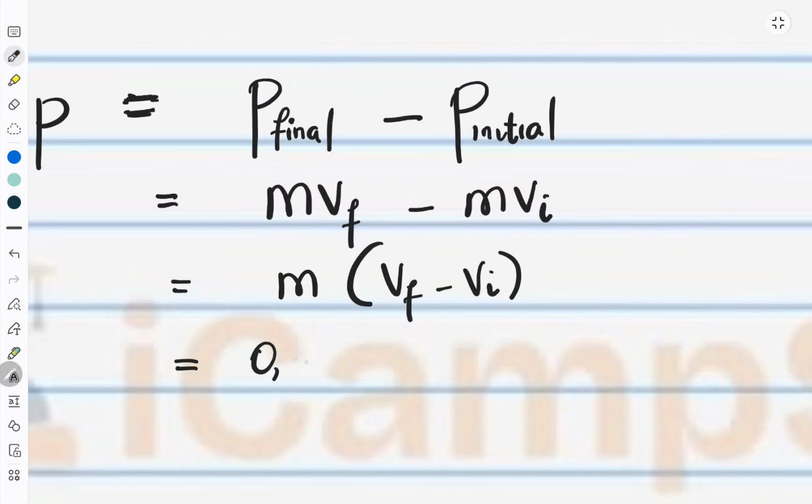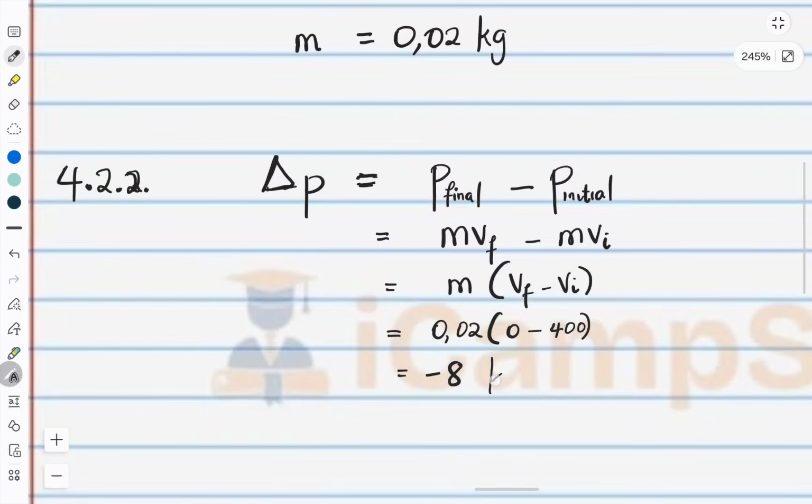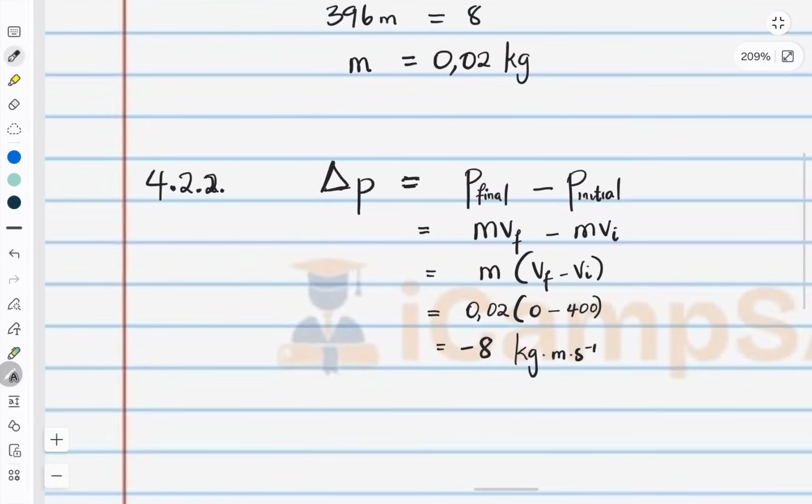So we found that our mass is 0.02. Our final velocity is 0. Our initial velocity is 400. So you should get 0.02 times minus 8 kilograms meters per second.